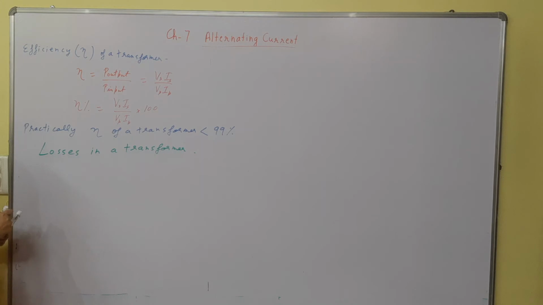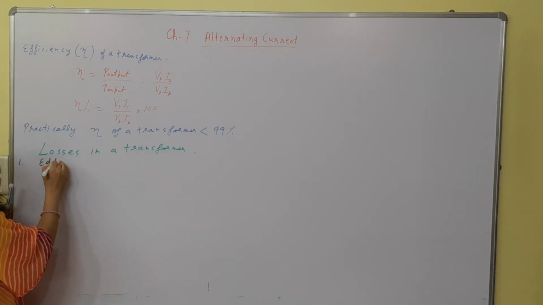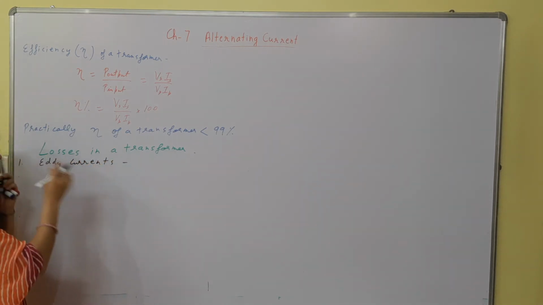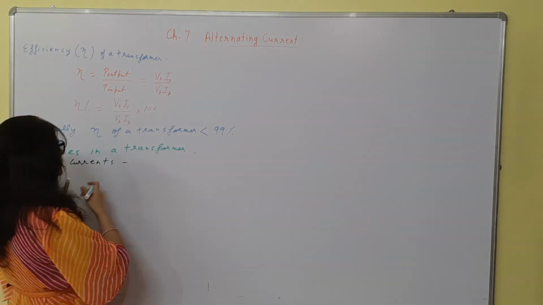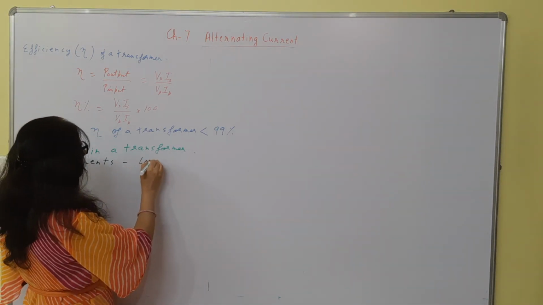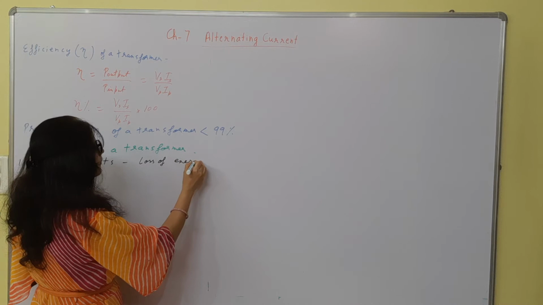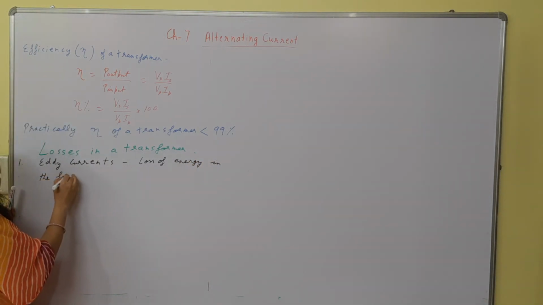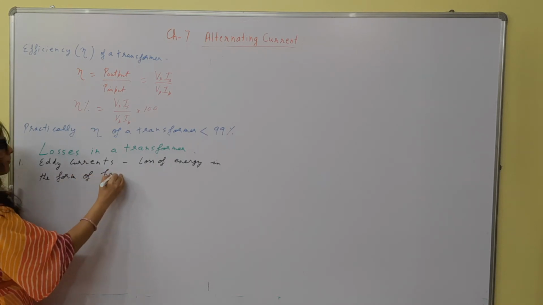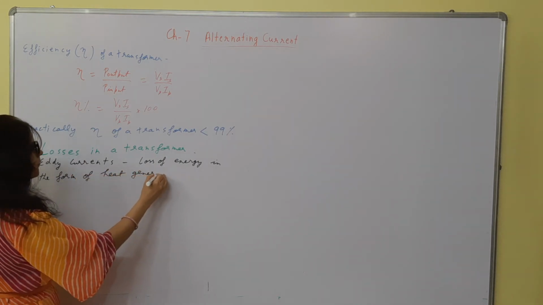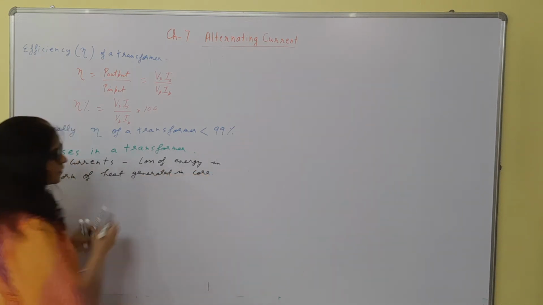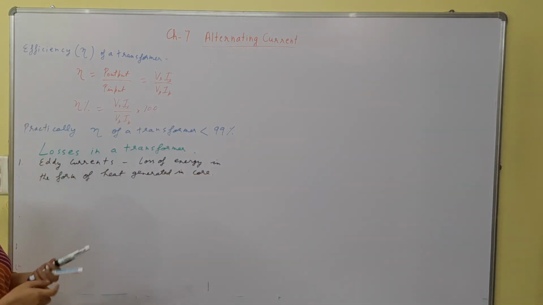So one is eddy currents loss. You know that eddy currents result in loss of energy in the form of heat, heat generated in the core of the transformer.